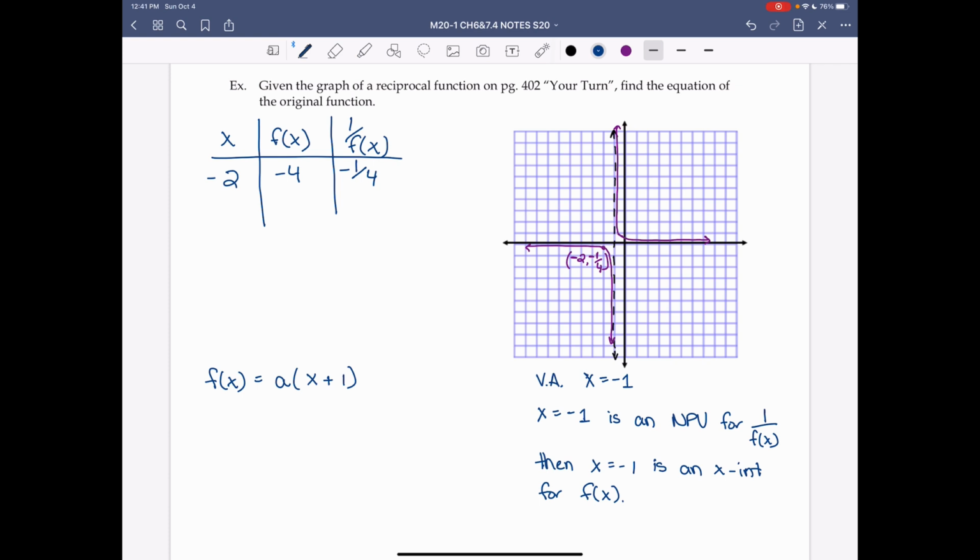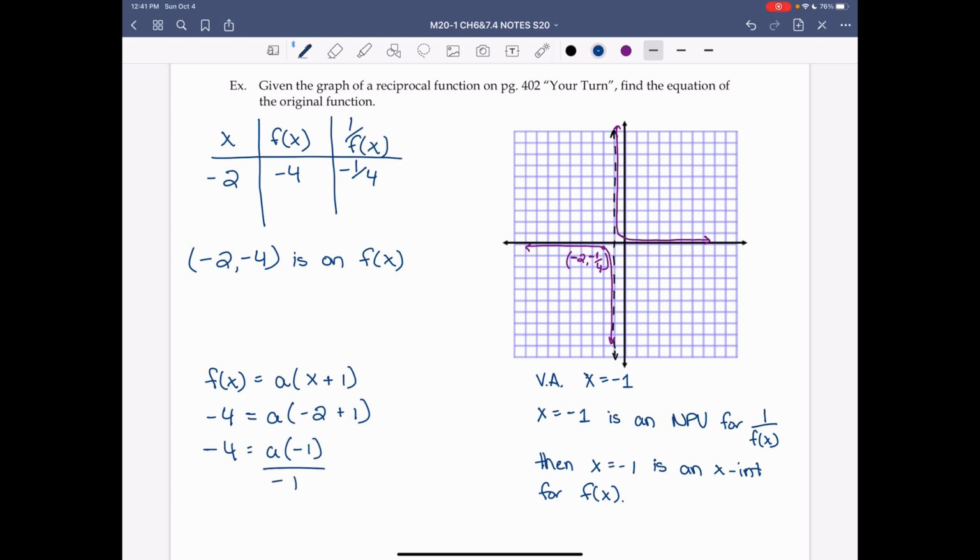Then if we know that the point -2, -4 is on f of x, we can sub that point into our function. F of x is the y value, so -4 equals a times the x value, -2, plus 1, and we can solve for a. -4 equals a times -2 plus 1, which is -1.